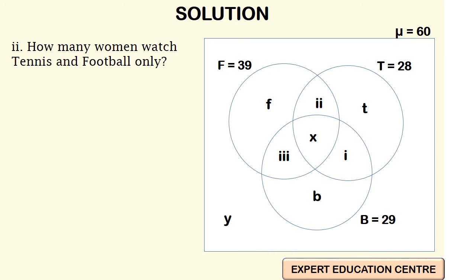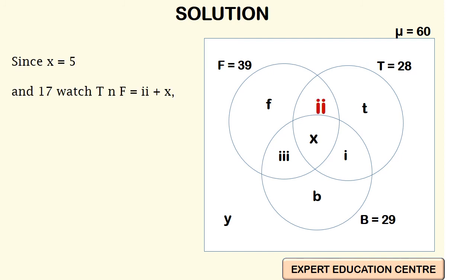Question 2. How many women watch tennis and football only? Looking at the region representing tennis and football, F 39 and T 28, we realize that women that watch only football and tennis can be derived by first considering the fact that X is 5, and then that 17 women watch tennis and football, indicated by II plus X. So how do we get II?